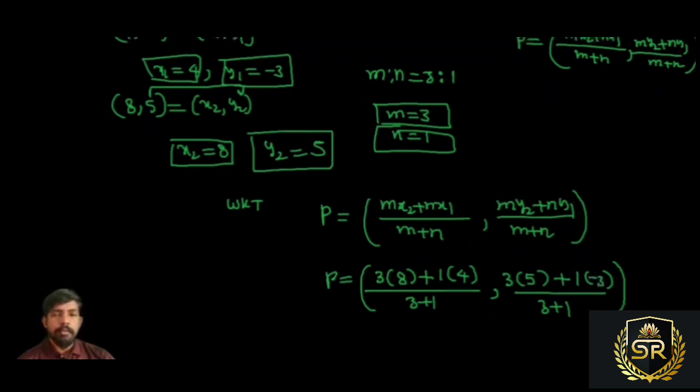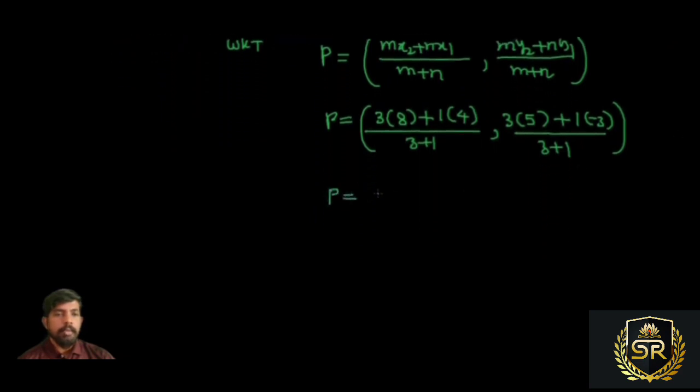So 3 eights are 24 plus 4 ones are 4, by 3 plus 1, which is 4, comma, 3 fives are 15 minus 3 into 1, which is 3, by 3 plus 1, which is 4.